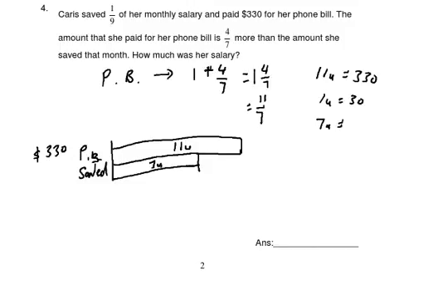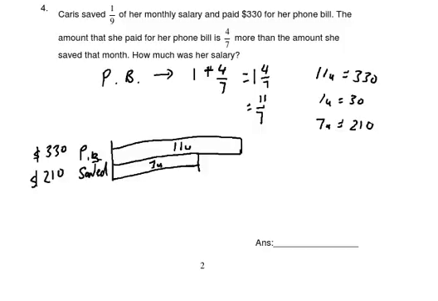Okay, so we have this as 210. So $210, right? Savings. Okay. How much was her salary, since you know that she saved 1/9? Correct?